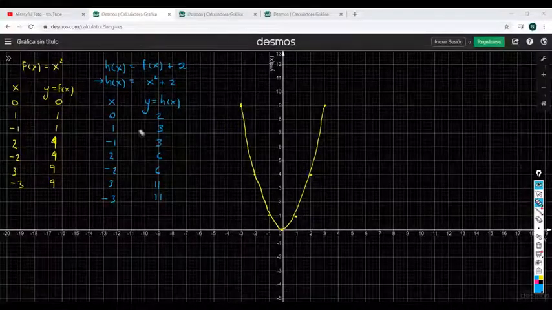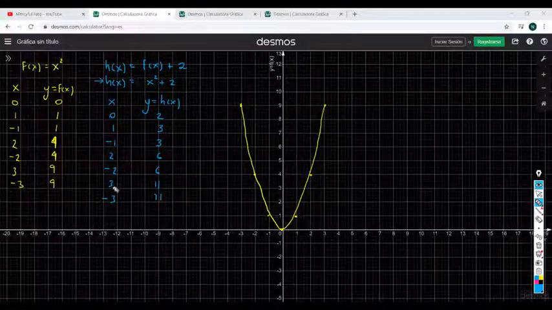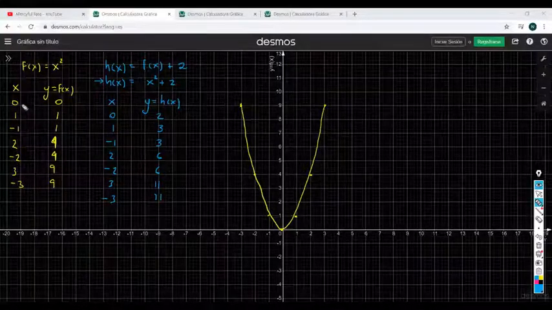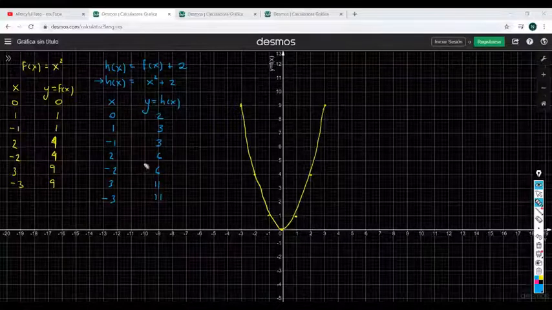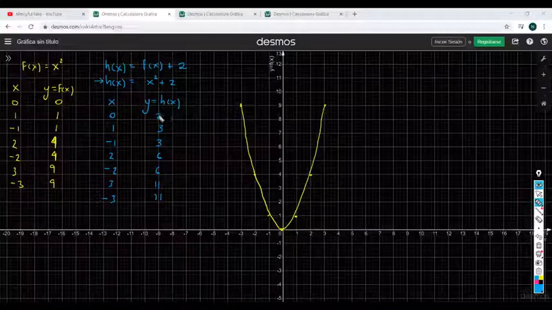I'm just evaluating the function h of x in these particular values, the same ones that I chose in here. And now let's graph the function h.